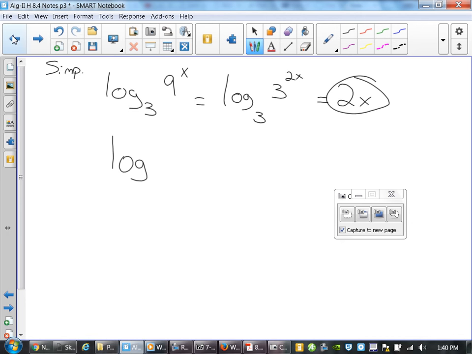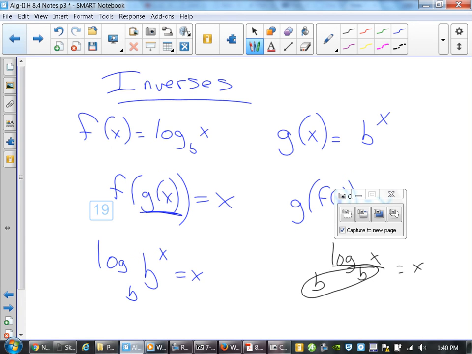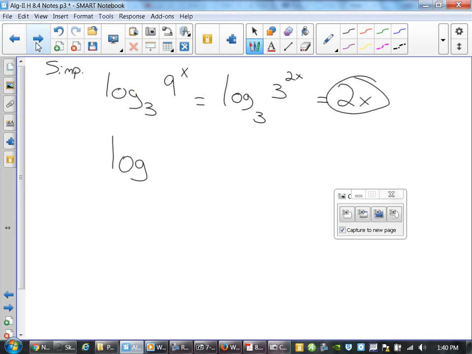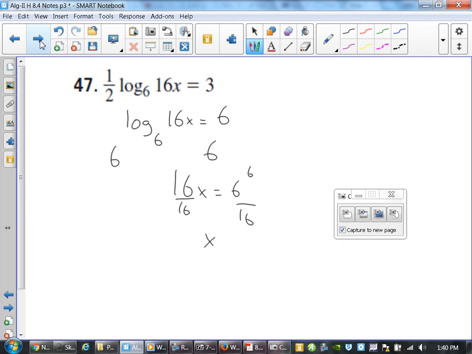Yes, ma'am. So if you go back to the old page, you put a 6 to the power on each side.